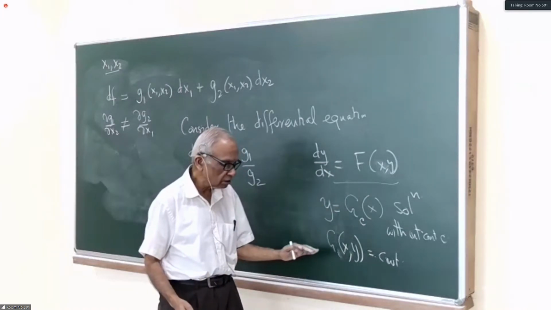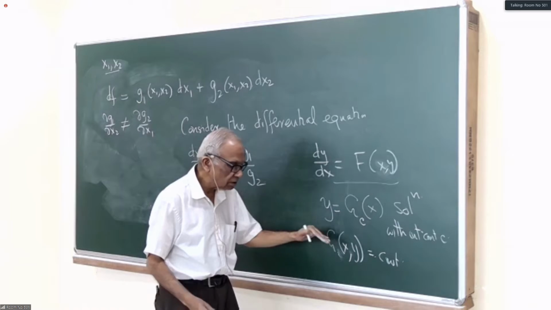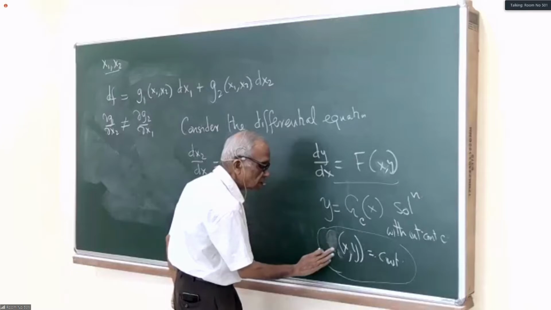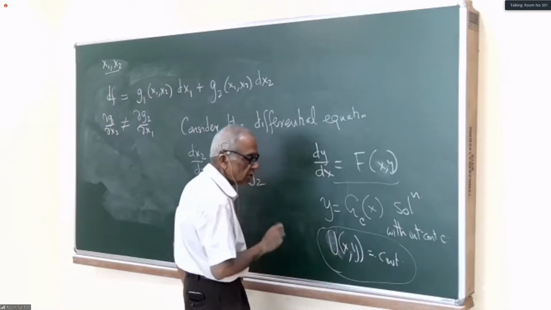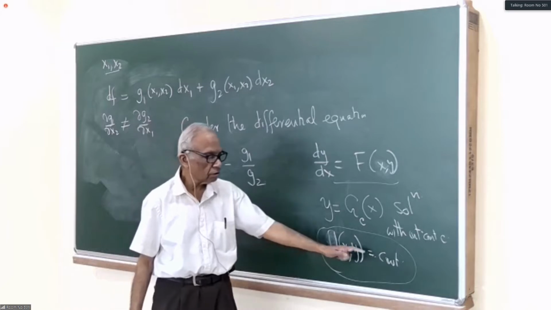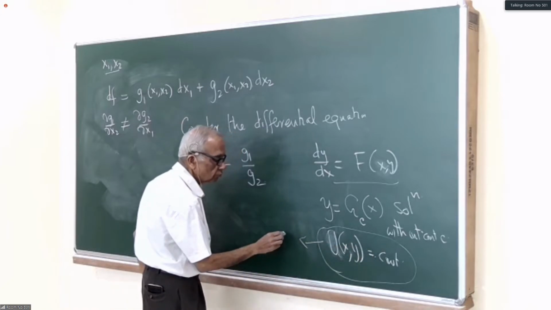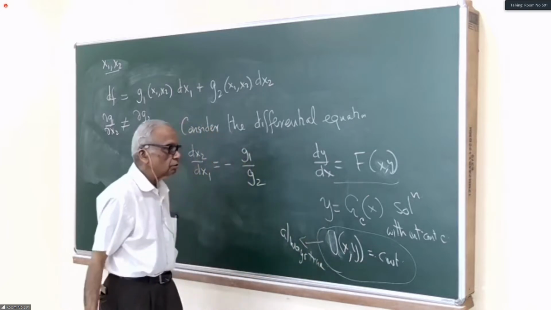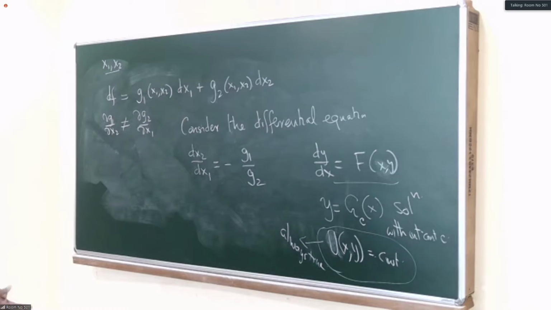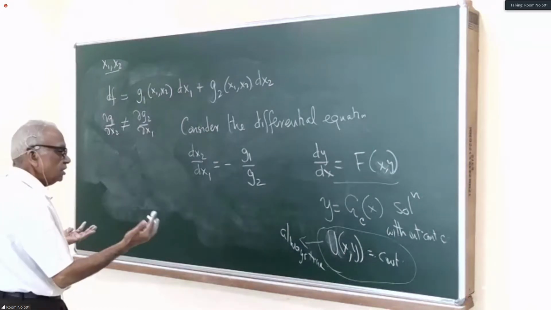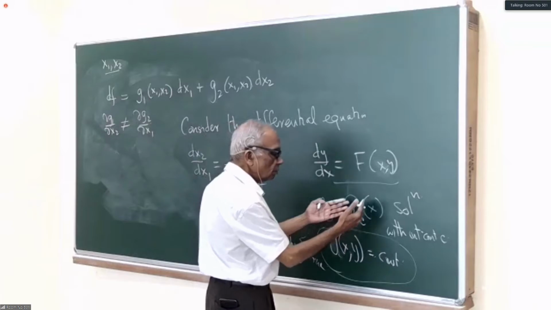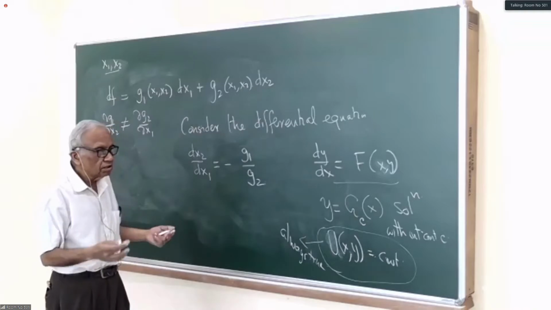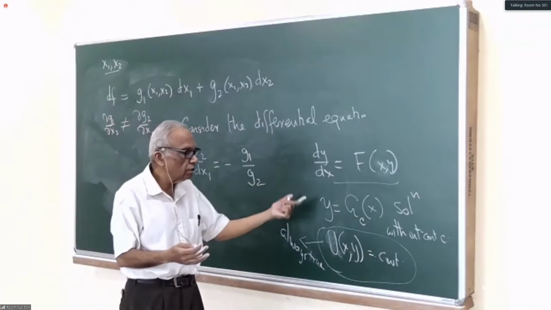So this is not always possible, but some u of x, y equal to constant is always true. So for dy dx equal to f of x, y, ideally you would write the solution as y equal to g of x with some constant c, which is the constant of integration. But that may not always work out.